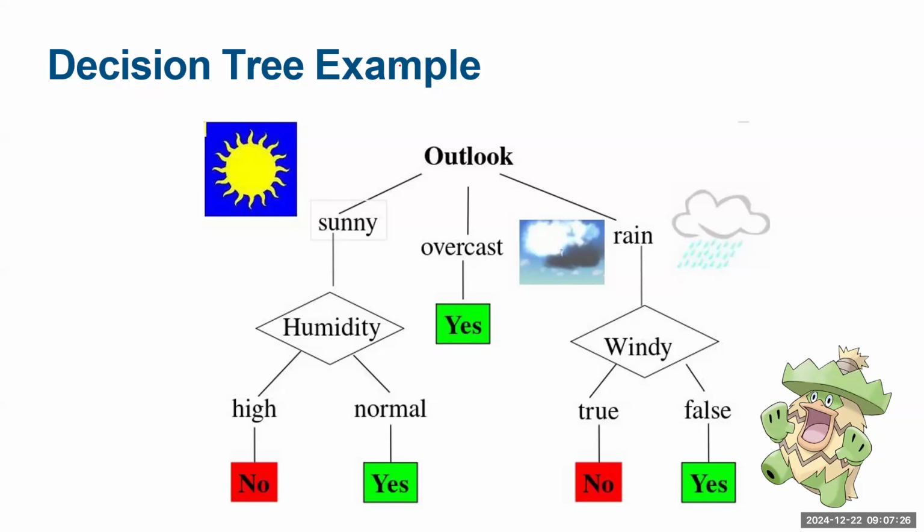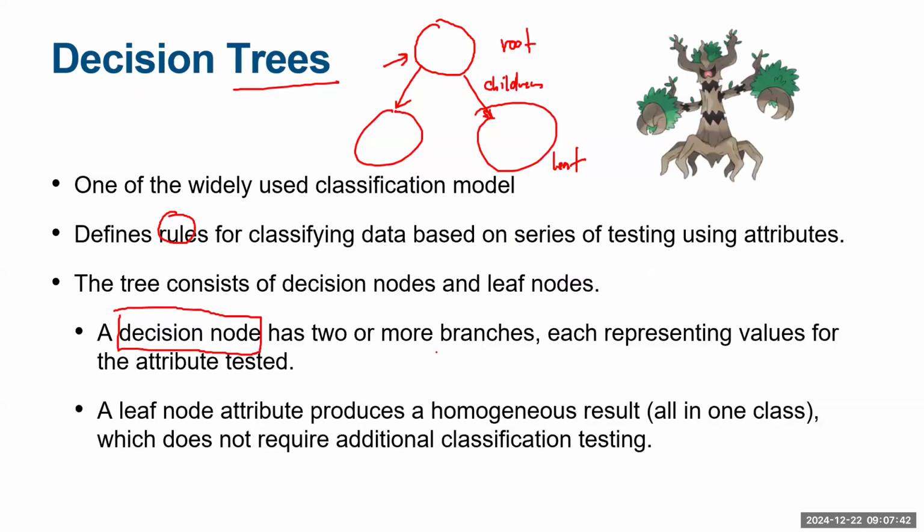So we have the decision node, and then the leaf node. The leaf node will produce the result. Basically, all the leaf nodes in a decision tree are decisions. It's the action or the answer that you want to know.